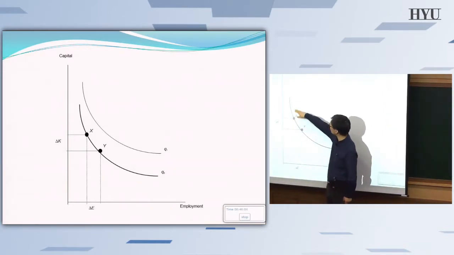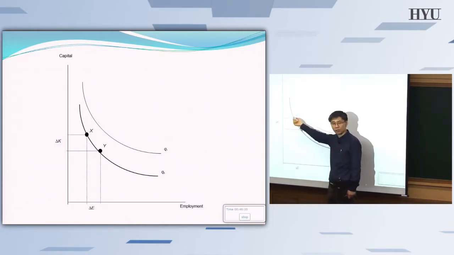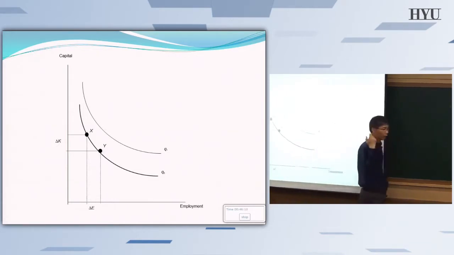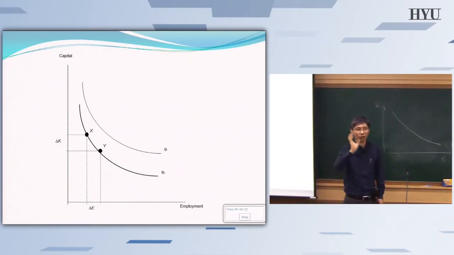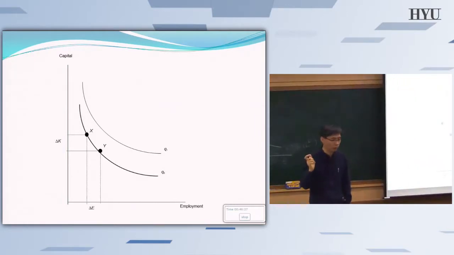X and y have different levels of capital and labor inputs, a combination of labor and capital input that produces the same quantity of output. That's why we call it isoquant. Iso simply means equal. Quantity is quantity. So it's a curve of equal quantity of output.